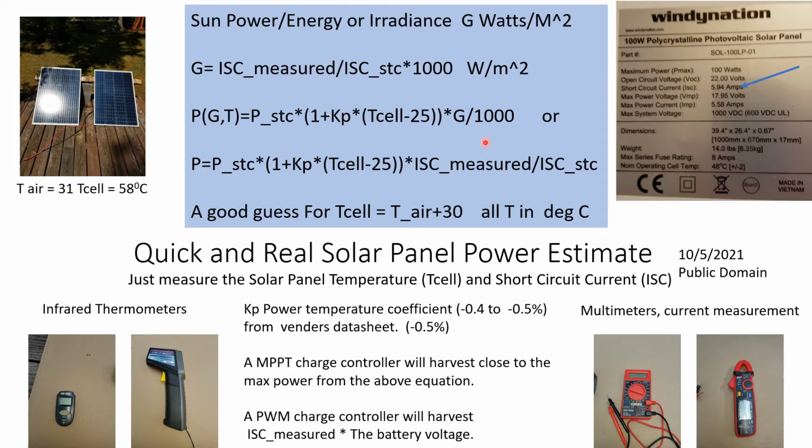Okay, so that's where we get the G from. But it requires us to measure the short circuit current, and that's what the multimeter is for.